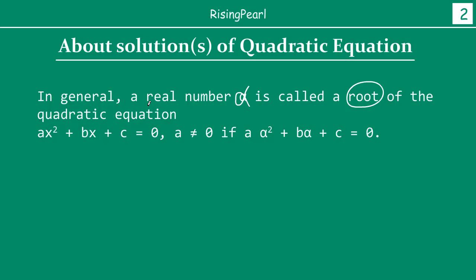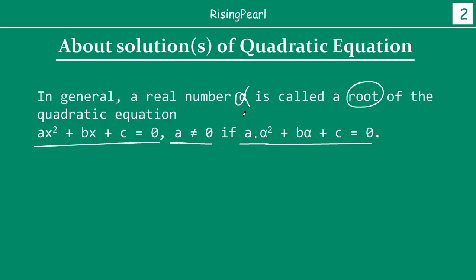In general, a real number alpha is called the root of a quadratic equation ax squared plus bx plus c, where a is not equal to 0, if when you put the value of alpha in this equation, ax squared becomes a times alpha squared, and instead of bx we put b times alpha, plus c equals 0.